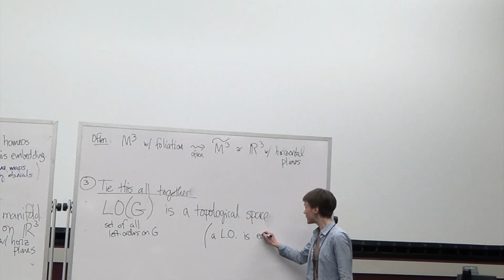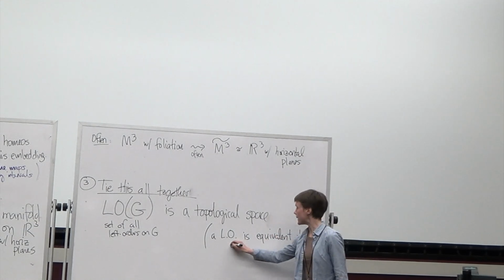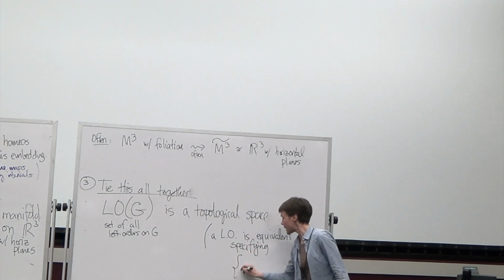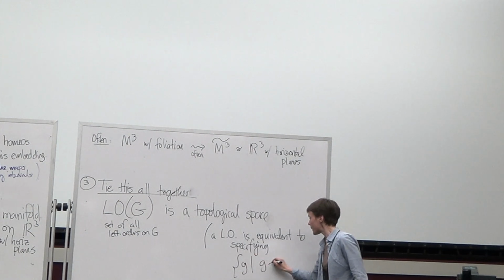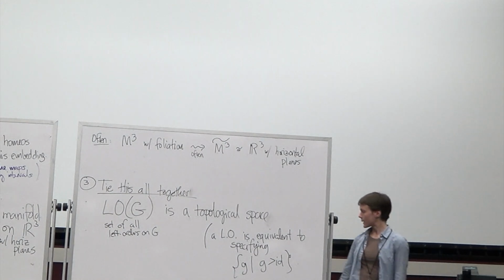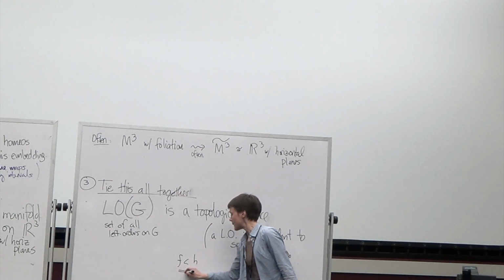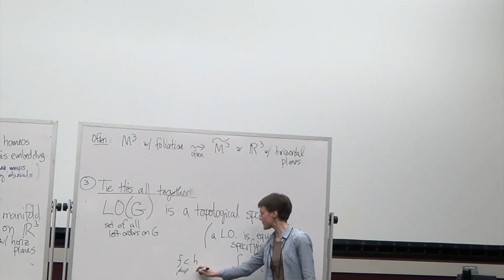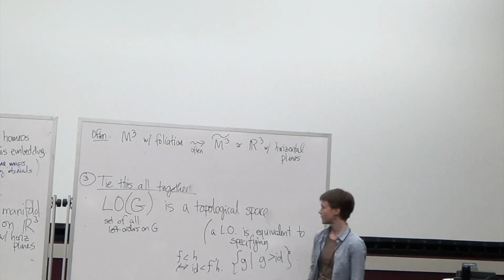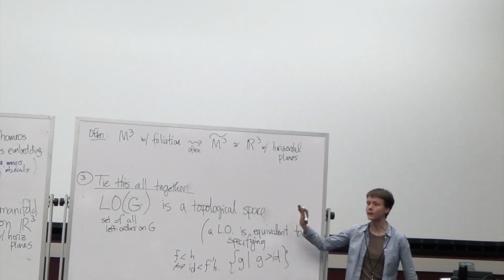Well, it's equivalent to just specifying the set of elements that are bigger than the identity. Because if you want to know whether, say, f is less than h, you're left multiplication invariant, so that's the same thing as saying that the identity is less than f inverse h. So I just actually have to tell you who's bigger than the identity, and I've given you everything.